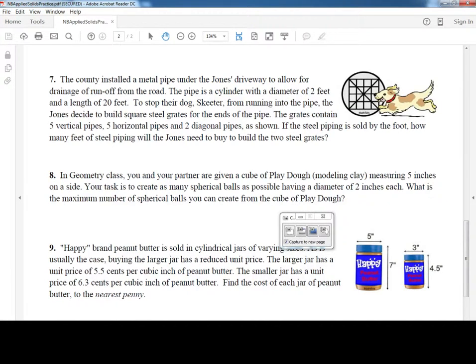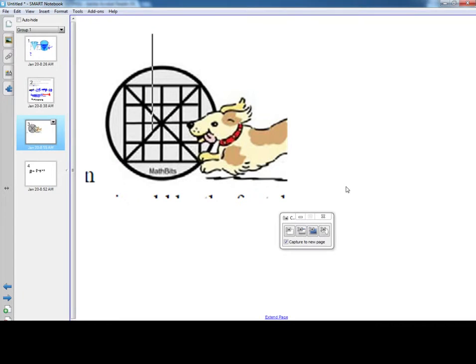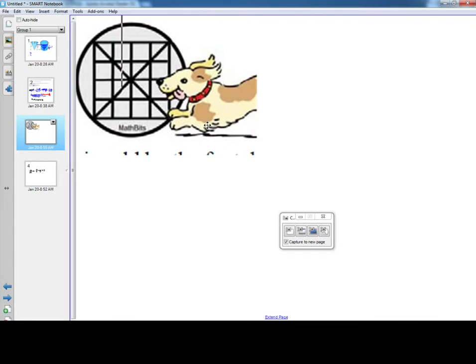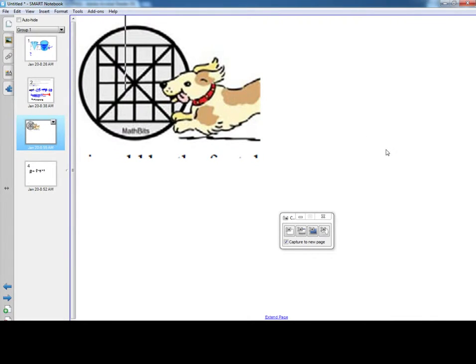Okay, so we have this image right here, and all we know is that the diameter of the pipe is 2 feet.